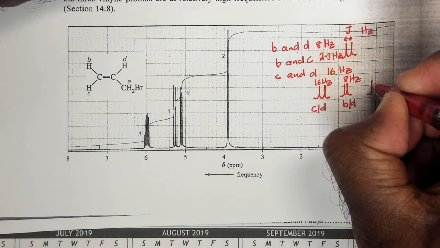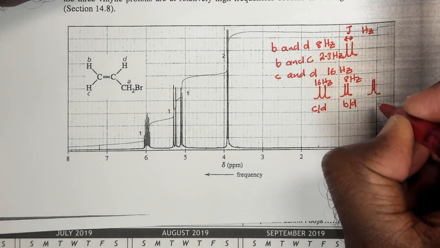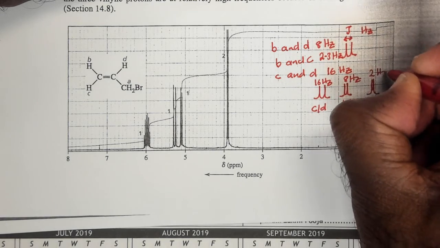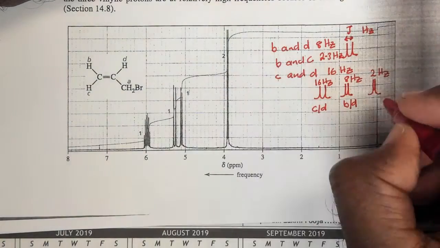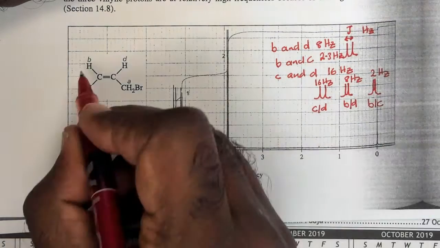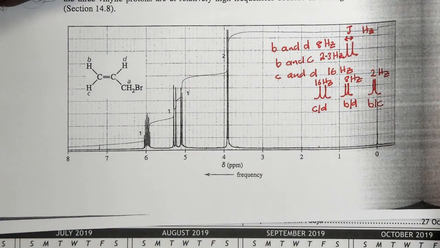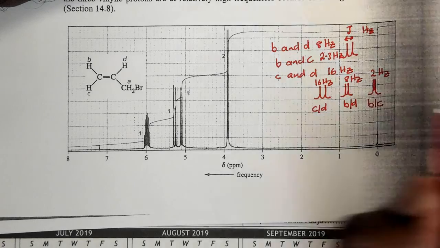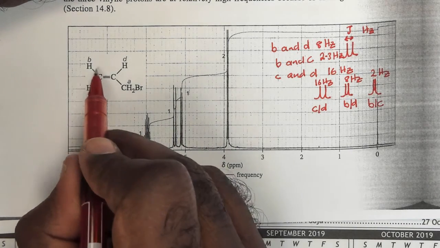And then a smaller coupling constant of about 2 to 3 Hertz would be your BC coupling constant. That is as if there were no other protons.